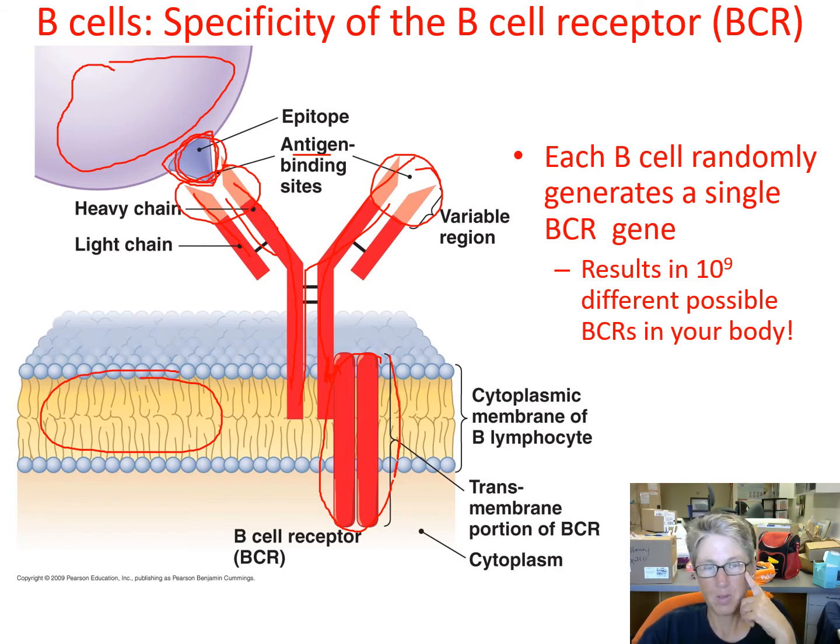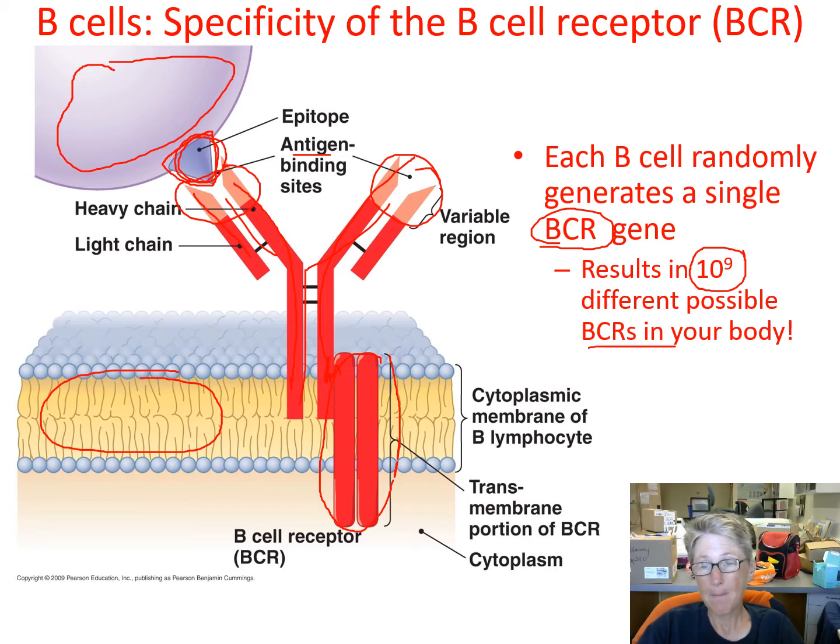So each B cell that you have in your body randomly generates a single BCR, or B cell receptor gene. So that means, without getting into the genetics of it, that you have in your body 10 to the 9th, or 1 billion, different possible B cell receptors.